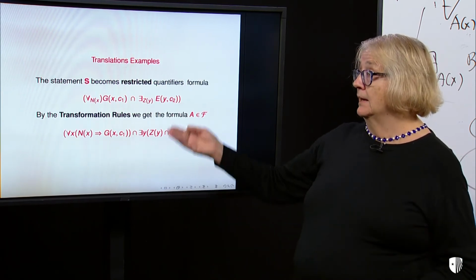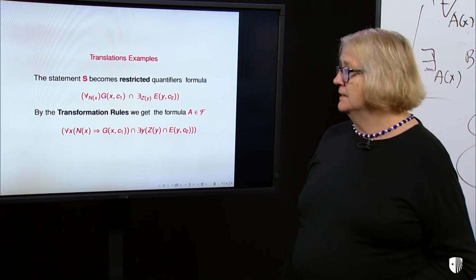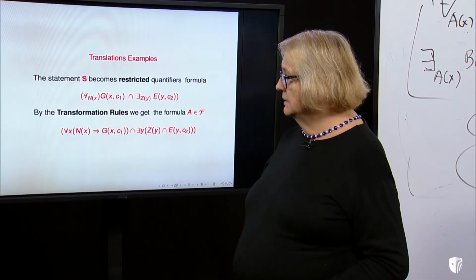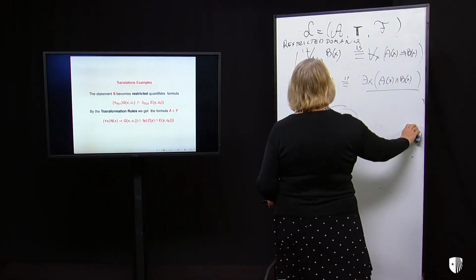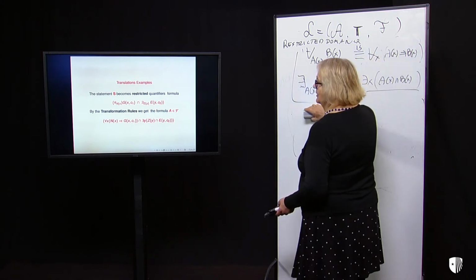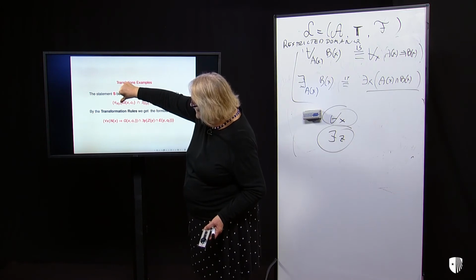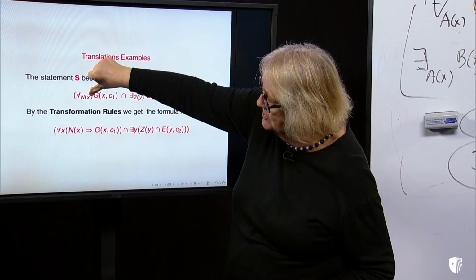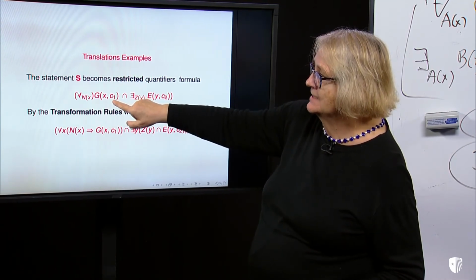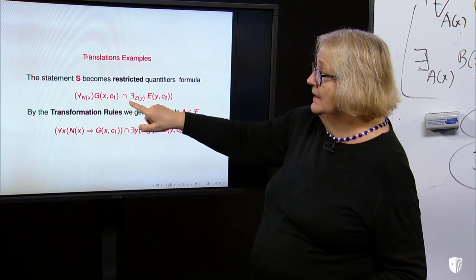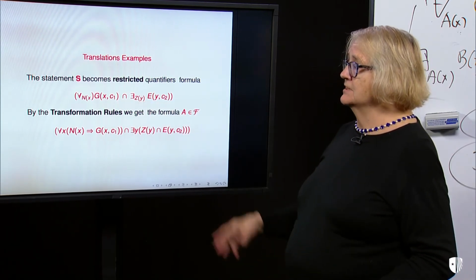And now our statement with restricted domain is: for all N x, Gx 0, there exists, and the restriction on the second quantifier was Zy, equal y 1.